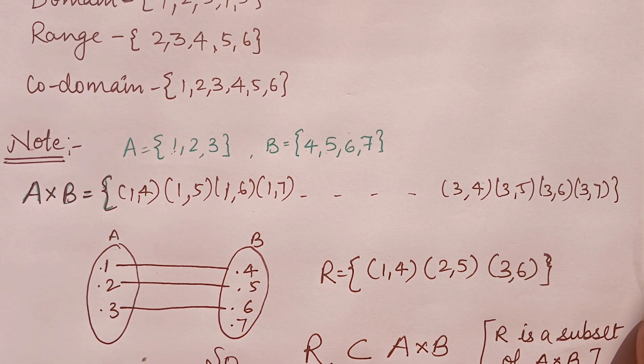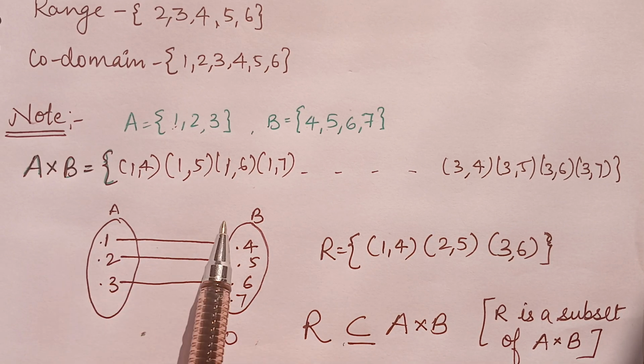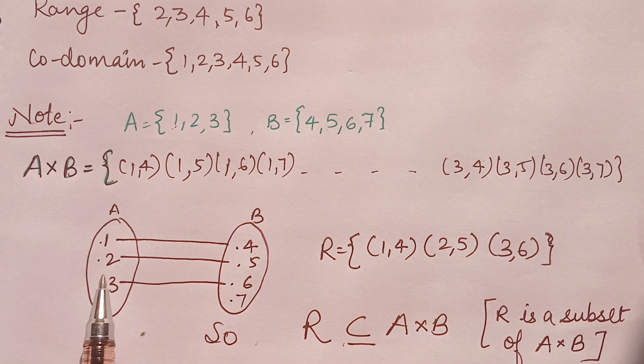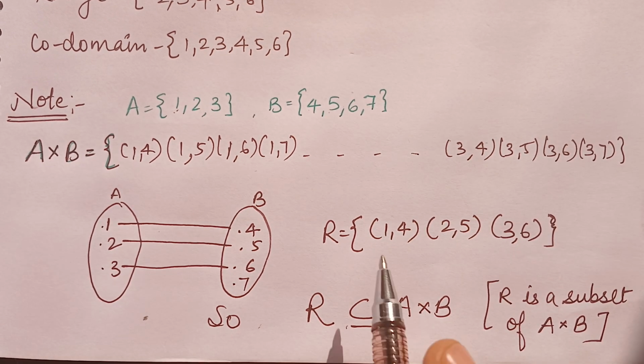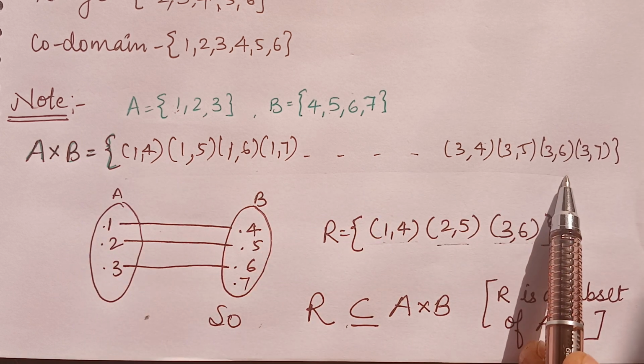Here we note that if A and B are like this and they are connected in this way, what is the relation here? 1 comma 4, 2 comma 5 and 3 comma 6. So I can see that these elements are from the Cartesian product only.